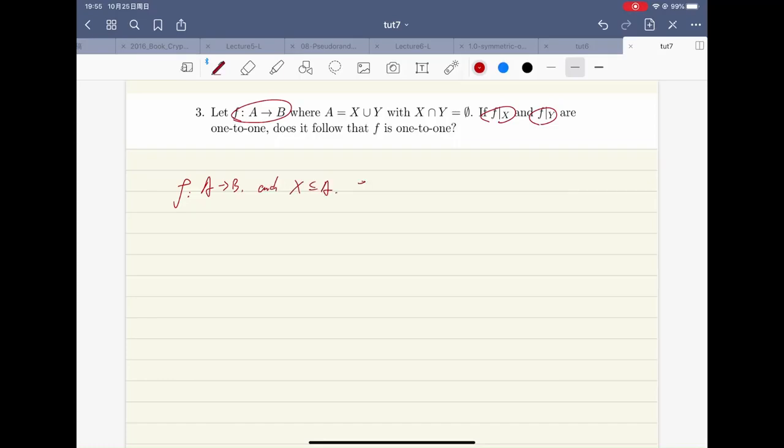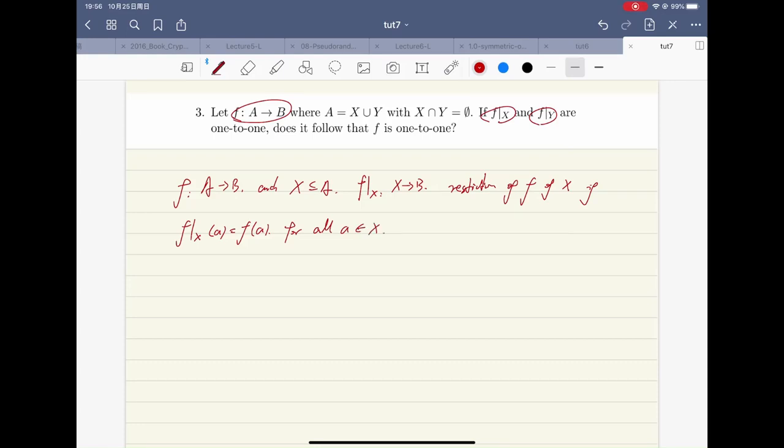Then the restriction of f to X maps X to B. Let's call it a restriction of f to X if f_X(a) equals f(a) for all a belongs to X. Same applies to f_Y.